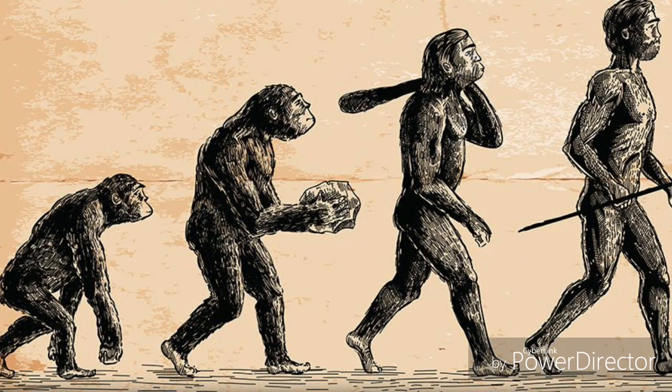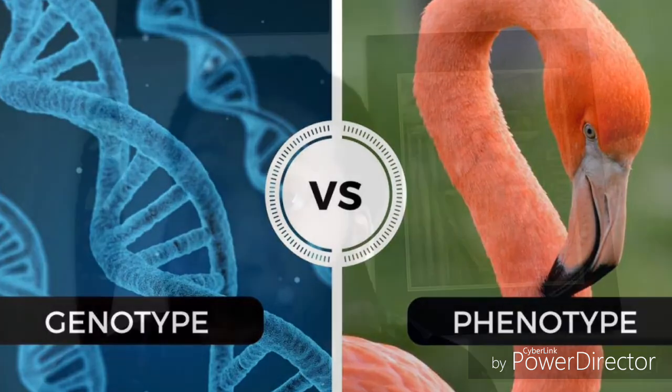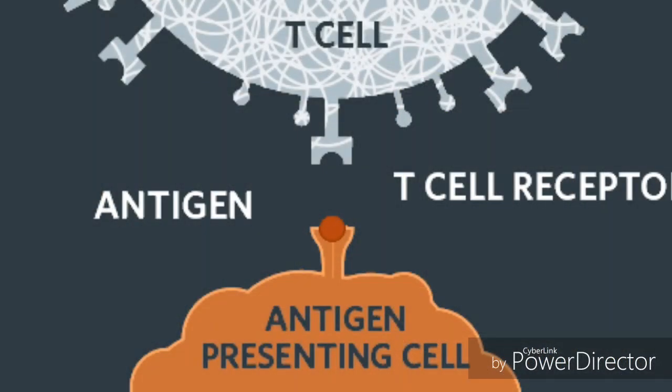Each pair of alleles represents the genotype of a specific gene. Genotype meaning gene type. Genotype is described as homozygous if there are two identical alleles at a particular point or locus of a chromosome, such as the A positive, A negative blood type group, which are both A positive and negative because of the presence of the A antigen, or the B positive, B negative blood type group, which are both B positive or negative because of the presence of the B antigen.